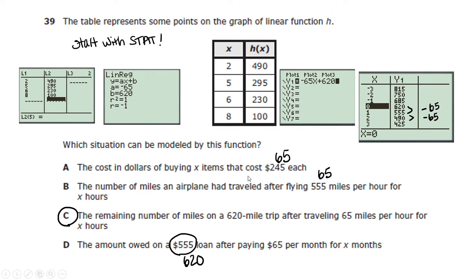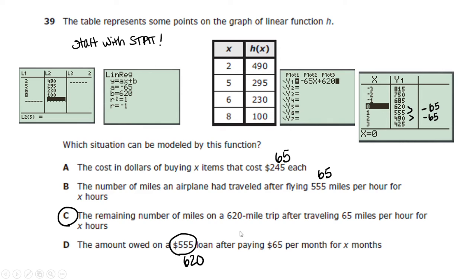So on A, it says it has the cost of 245. That's not true because it's the cost of 65. B, it says the number of 555 miles per hour. That's not true because it's the per hour. That means it's a slope. It's really 65 per hour if we're going to try to do something like that.